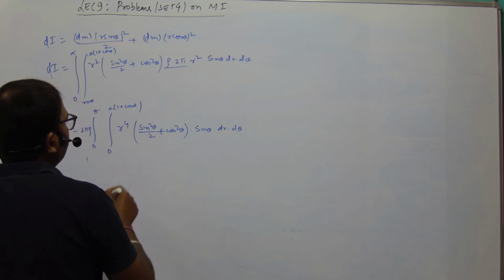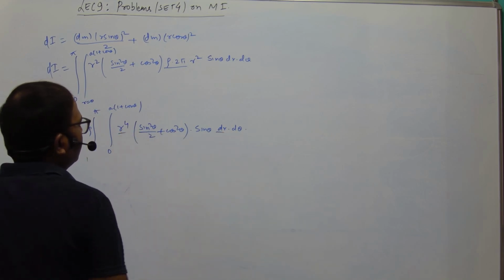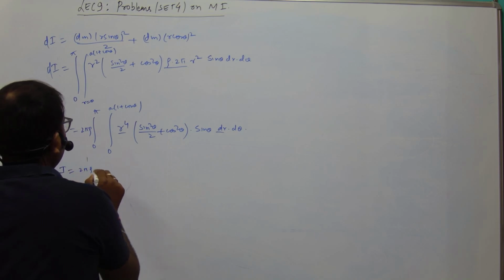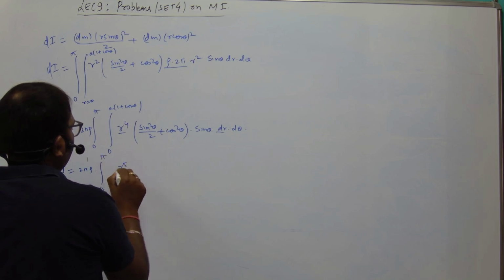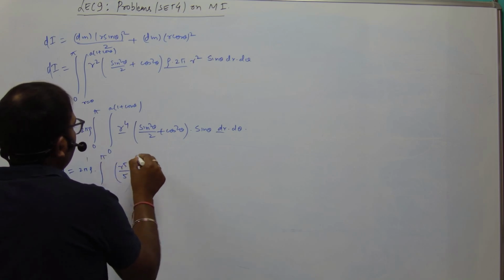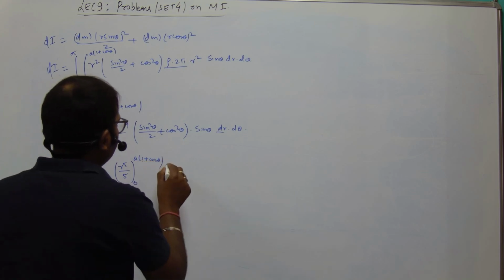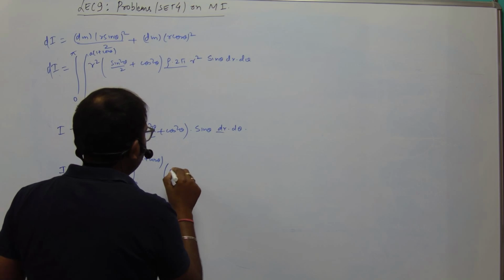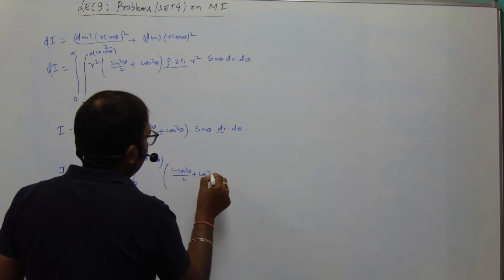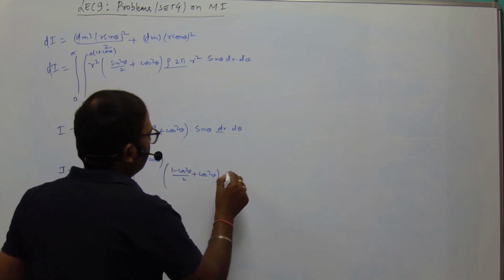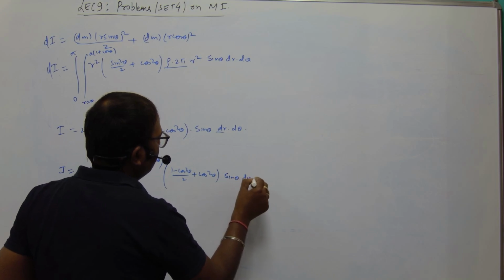So for r4 dr, this will be r5 upon 5. So I is equal to 2 pi rho into the integral from 0 to pi, with r5 upon 5 between the limits a(1 plus cos theta) and 0, and sin square theta we can place as 1 minus cos square theta, upon 2 plus cos square theta, into sin theta d theta.